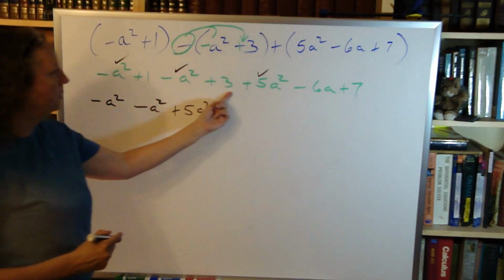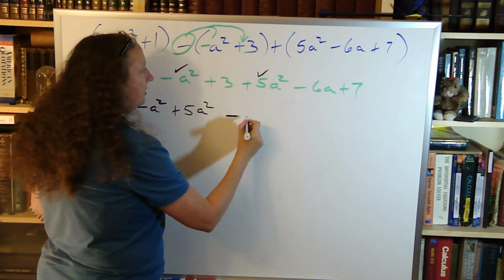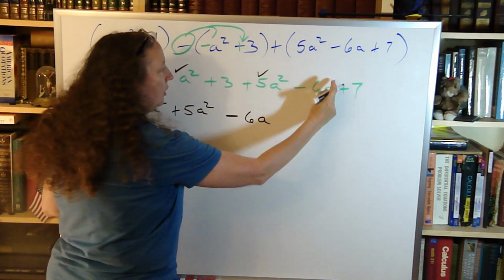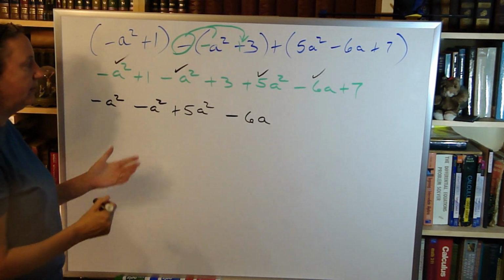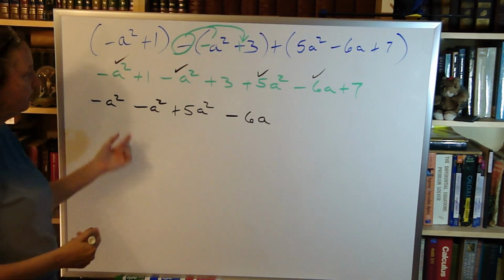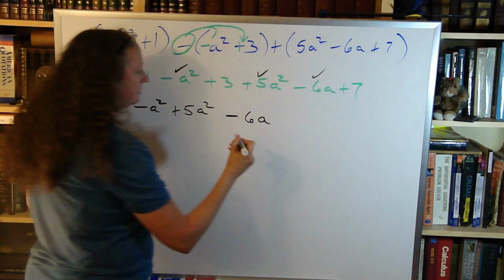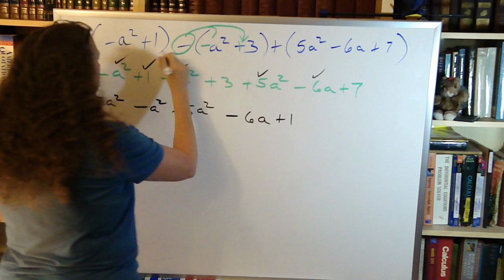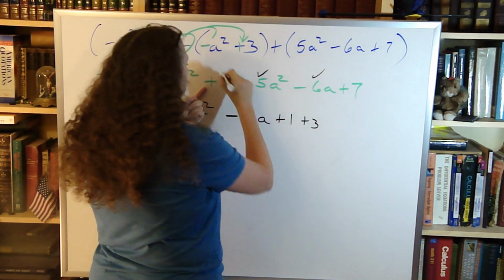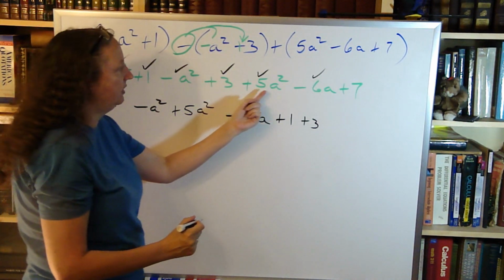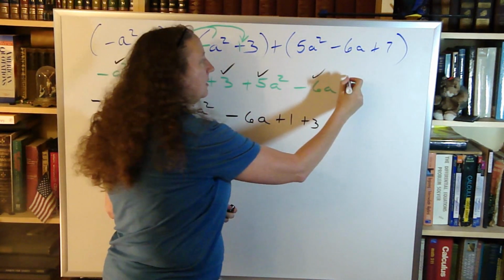That's a minus 6a, no exponent on that. That one's done. No other, just a with no exponent. So I go to my constants, plus 1. That's done. Plus 3. That's done. Plus 7. That's done.